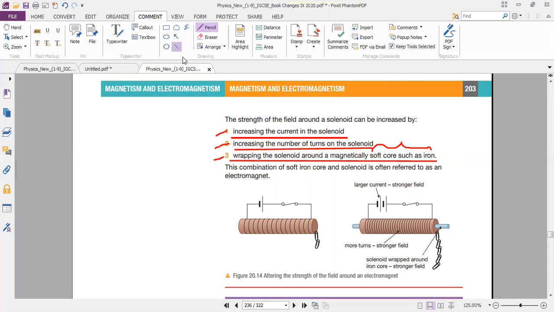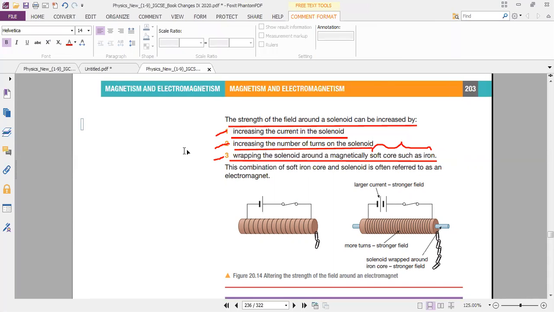And the question is, how can we increase the strength of the field around the solenoid? You can write the question here.